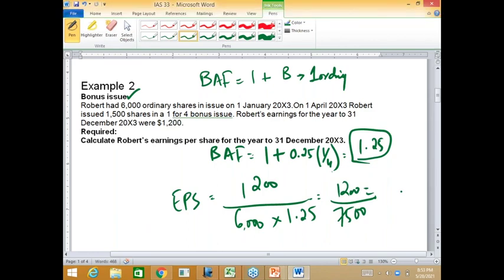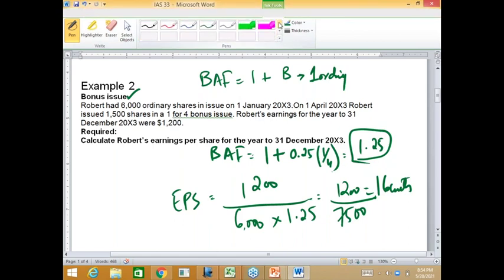So the EPS figure will be 16 cents. Very good.